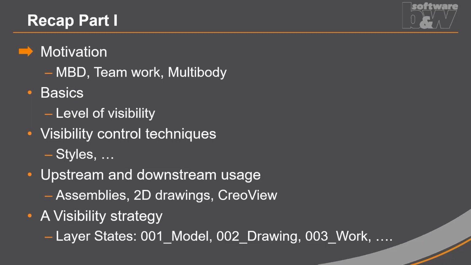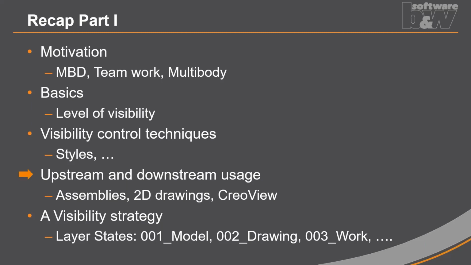Okay, let's recap part one, motivation I had already. So we talked about the levels of visibility in the first part: the assembly, components, body, feature and element levels. I talked about the different visibility control techniques like style states, simplified reps, combined states, and also layers.